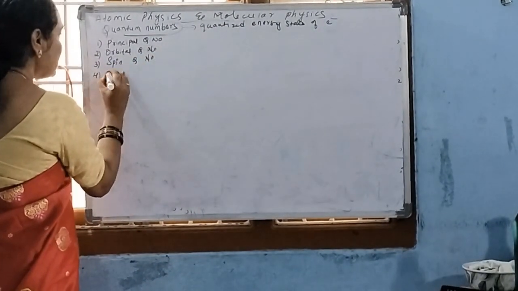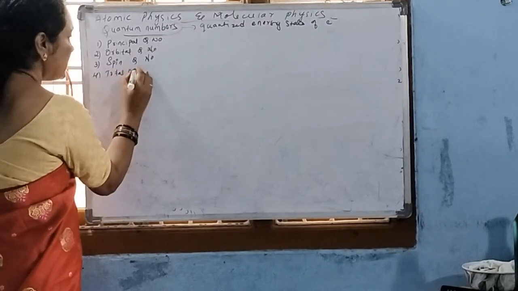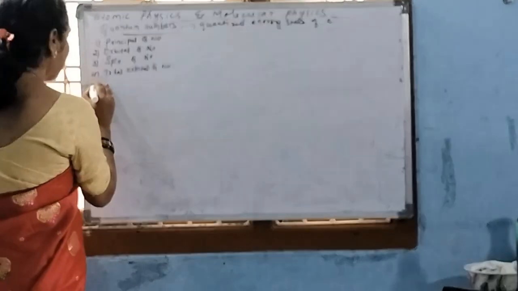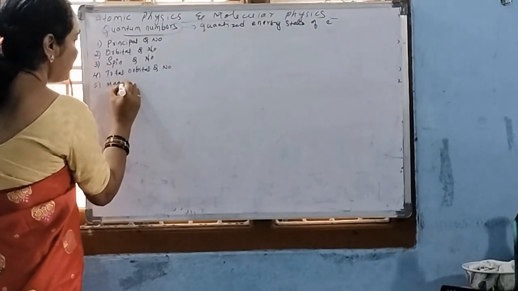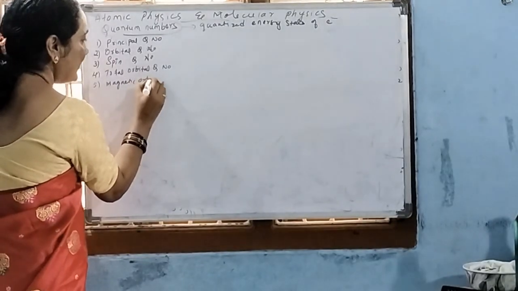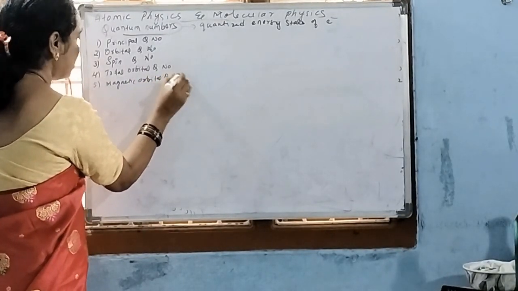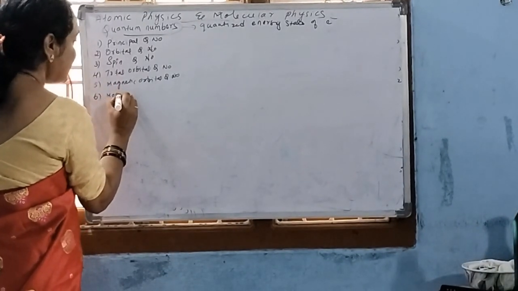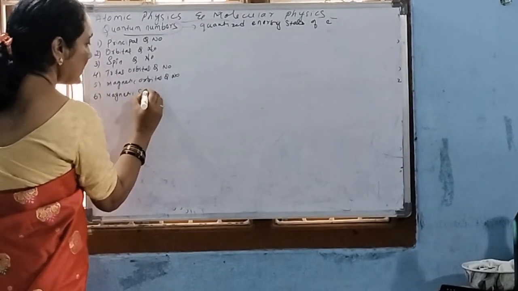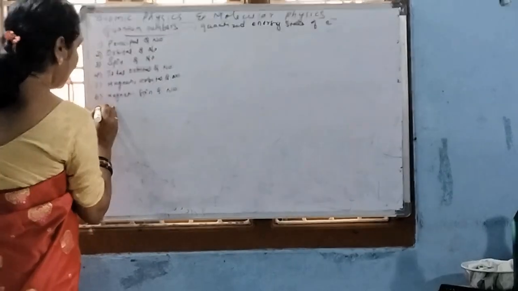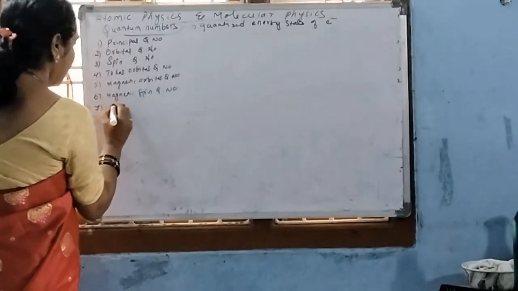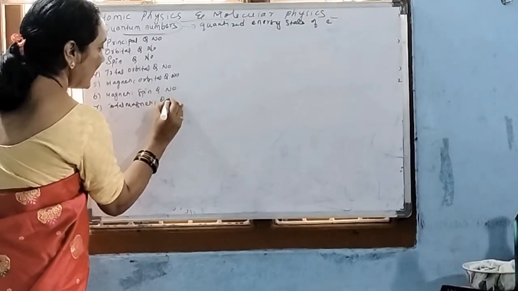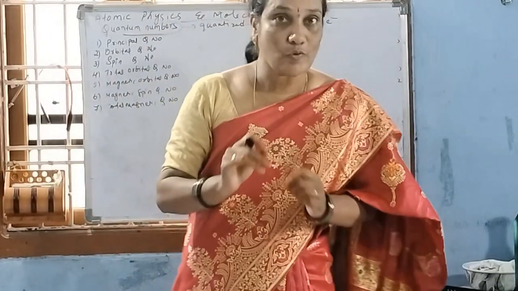The fourth one, total orbital quantum number. Fifth one, magnetic orbital quantum number. Sixth one, magnetic spin quantum number. And the last one, seventh one, total magnetic quantum number. So 7 quantum numbers are there.